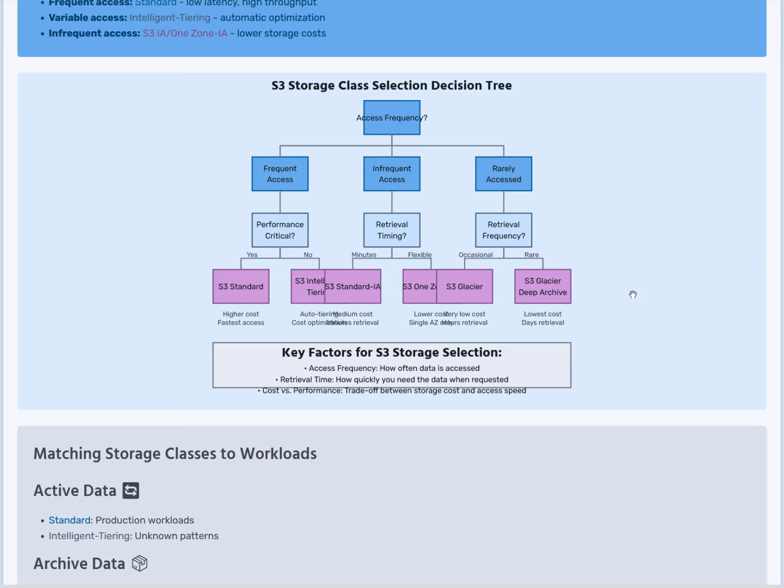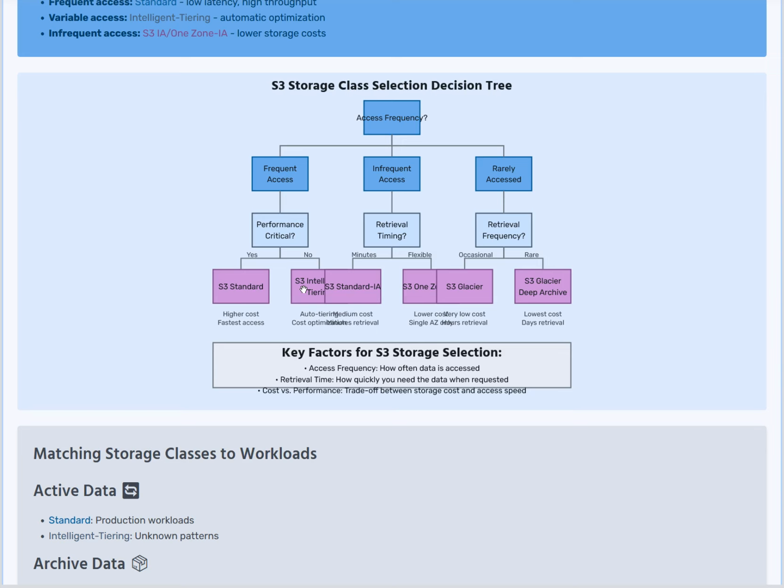If performance is critical, you have to go to Standard. The difference is higher cost, faster access. If the performance is not critical, then you can go to S3 Intelligent-Tiering.